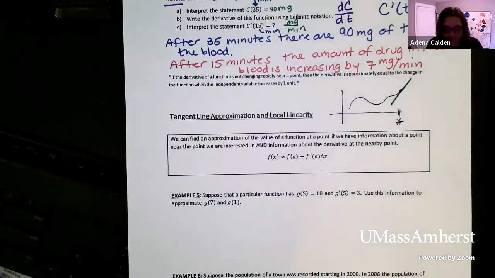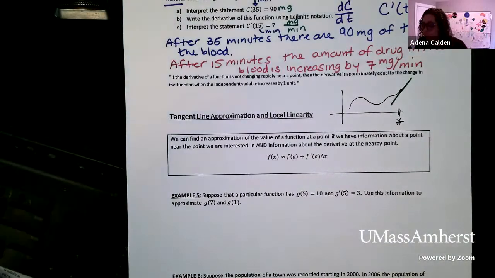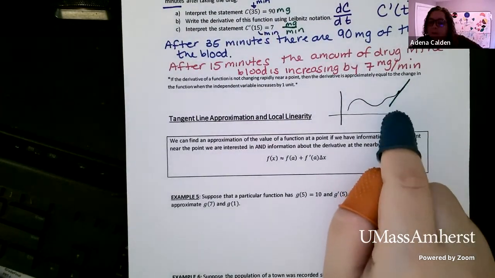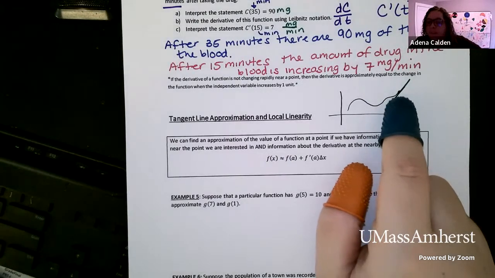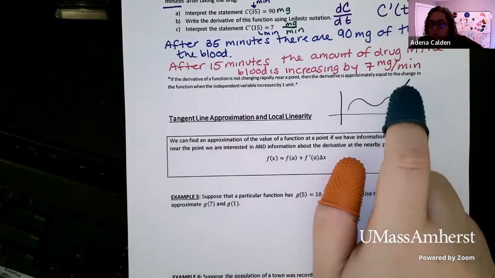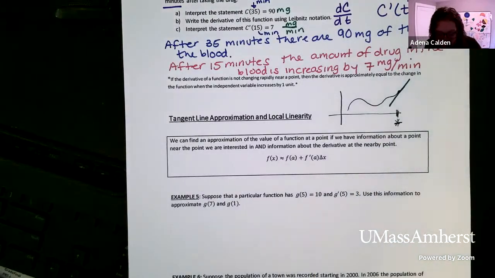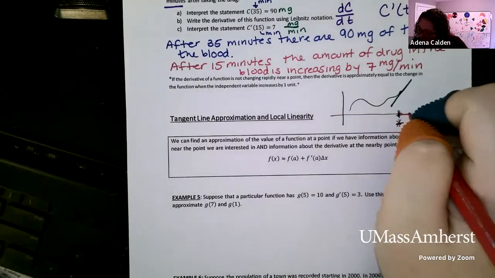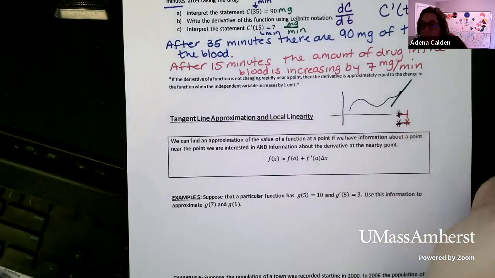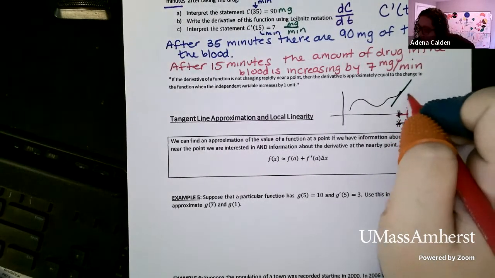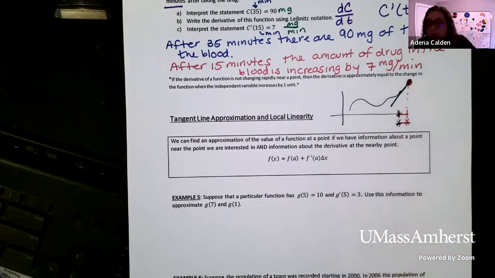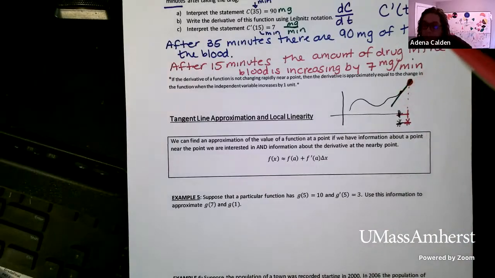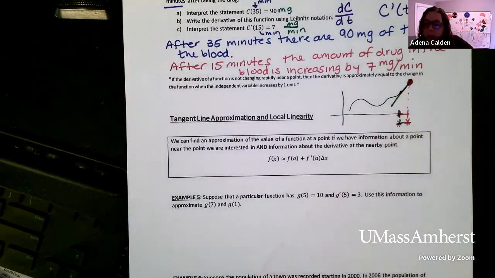If we know how quickly we are changing at this point, we can predict what's going to happen later by applying that rate of change to the actual point where we had information. So if we were going to guess what happened at this point in time, the red point, we would guess this, wherever it is on the tangent line from that point forward.